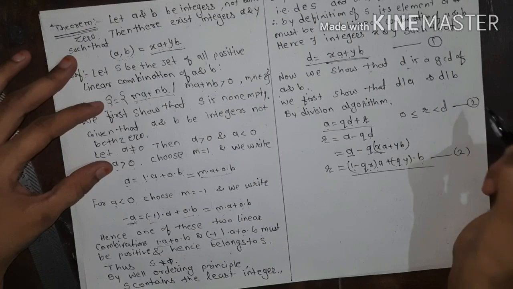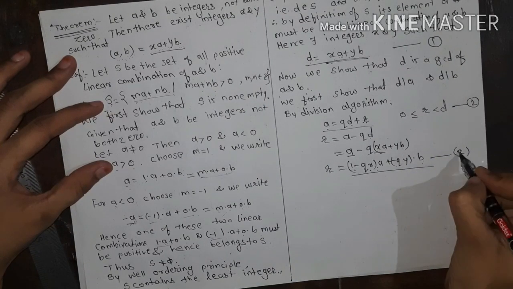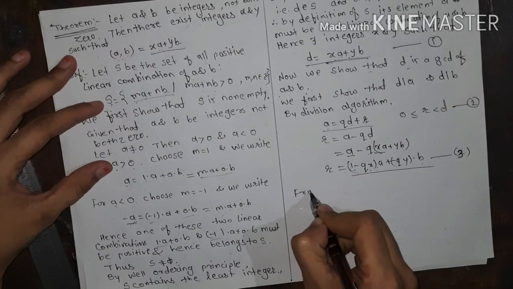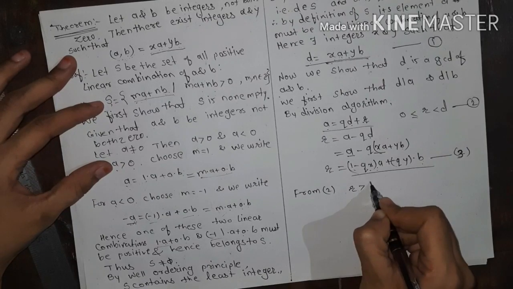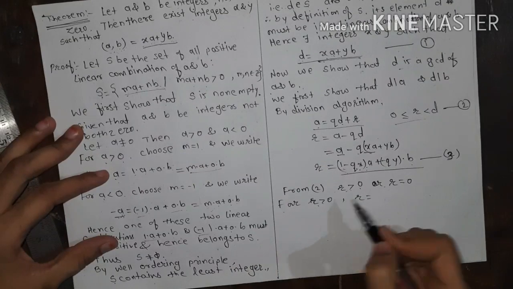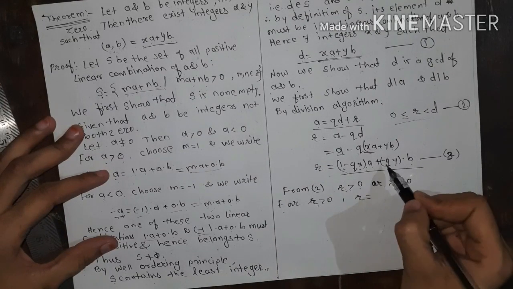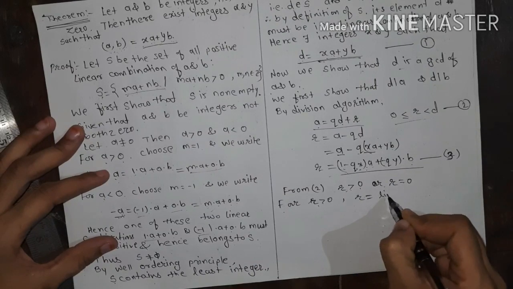We give this as equation number 2, this as equation number 3, and from equation 2, r is greater than 0 or r is equal to 0. Now for r greater than 0, this implies 1 minus qx into a minus qy into b, that is r is a linear combination.